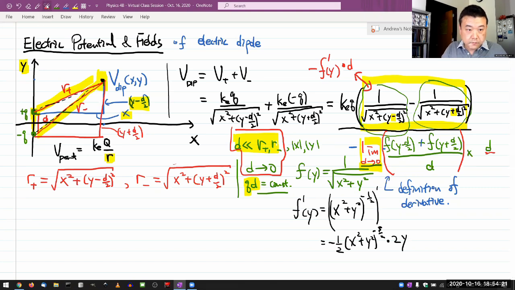Okay, so the half cancels out with the 2. So I end up with equals minus y divided by x squared plus y squared raised to the power of 3/2.